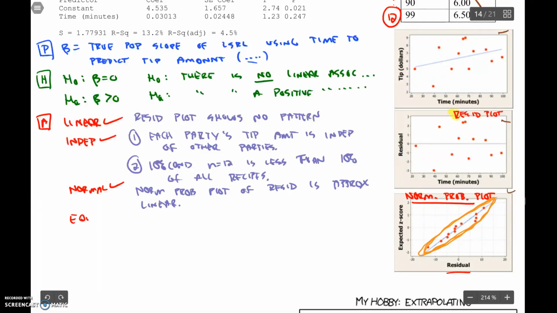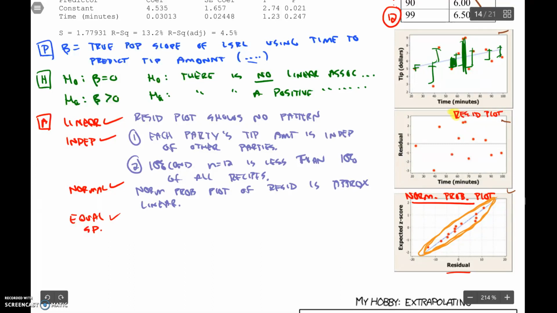Next one is equal standard deviation. For the equal standard deviation check, we're checking whether the residuals are approximately equally distributed about the least squares regression line for all values of time. You might say, no, look at this, this is more spread out and this is pretty close.